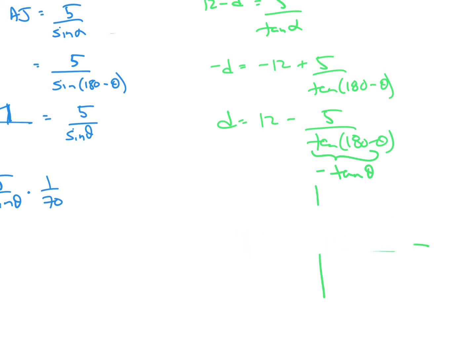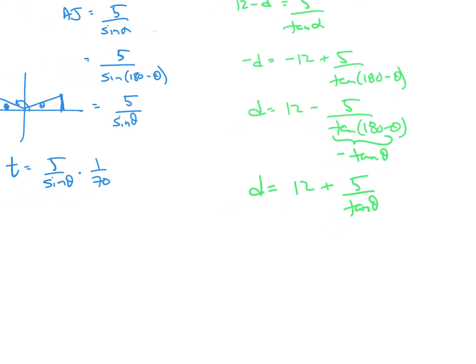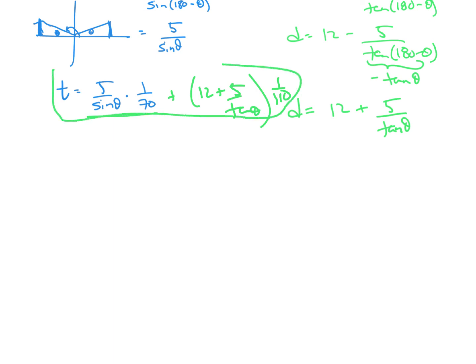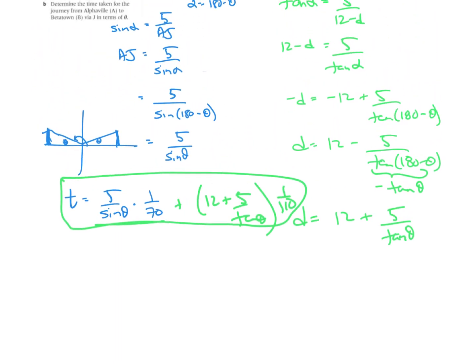And so if we finish this off, d is equal to 12 plus 5 over tan theta. When I put this all together, the time is the part from A to J, plus 12 plus 5 over tan theta, multiplied by 1 over 110. And this here is going to be the time in terms of theta.